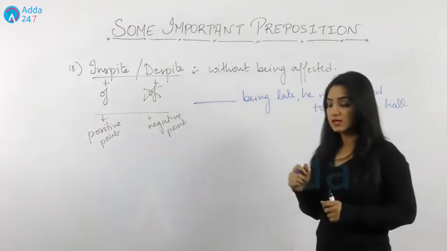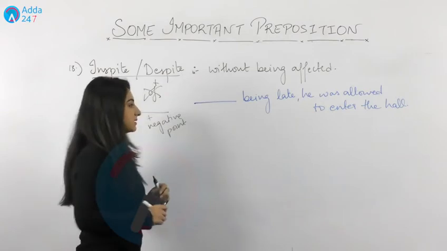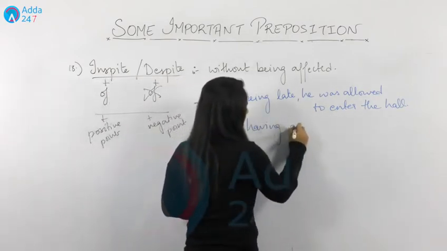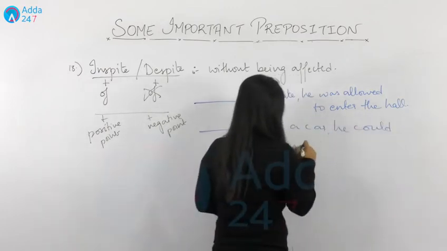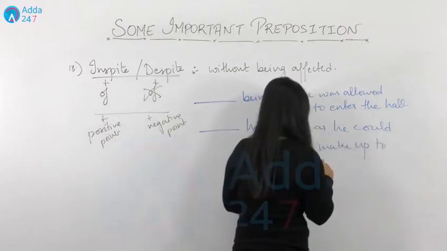This is one sentence. Dash being late, he was allowed to enter the hall. One sentence. And if I say, dash having a car, he could not make it to that place.